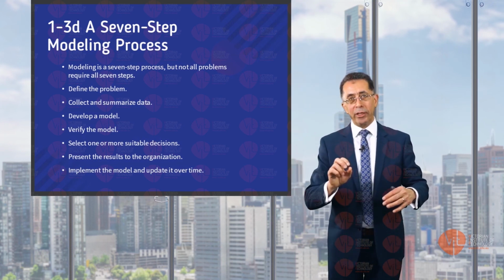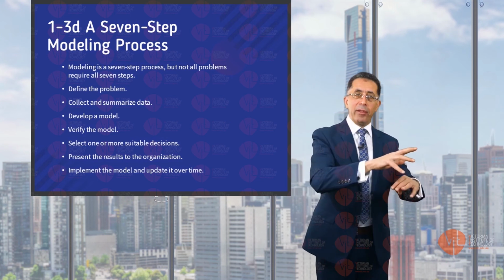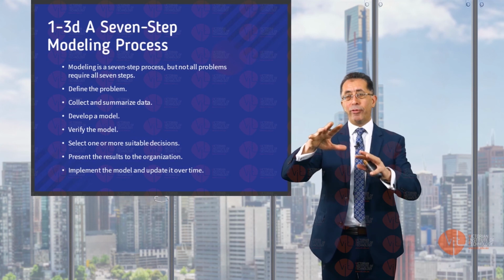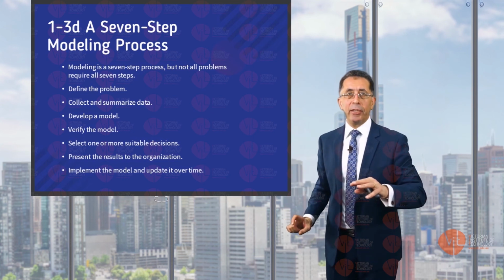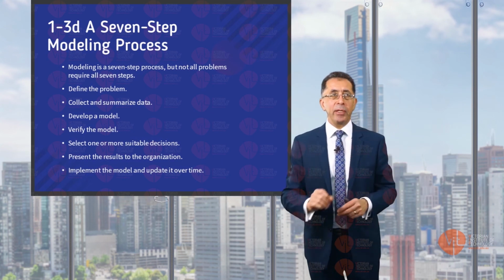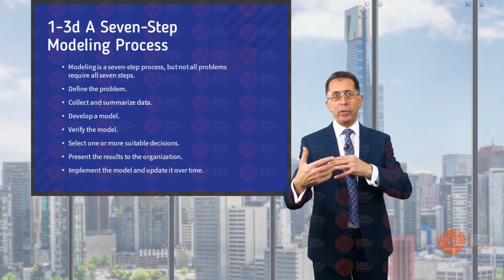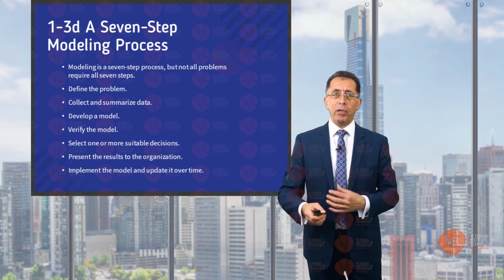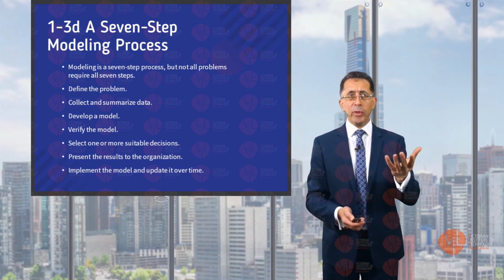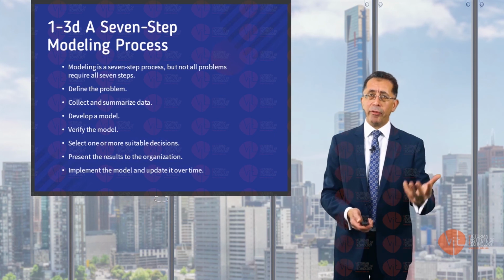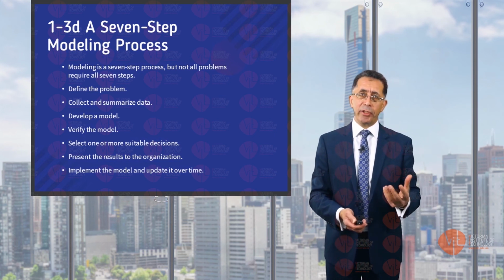So I calculated that, and then it gave me a number of days, and then therefore what's the amount of money that I need to be charging. All of these different variations we have to put into the model. How do we select one or more suitable decisions? We have to have variations. We have to have different questions that we need to ask.